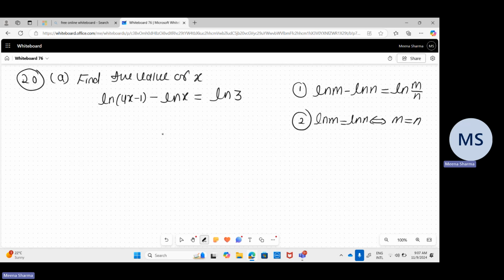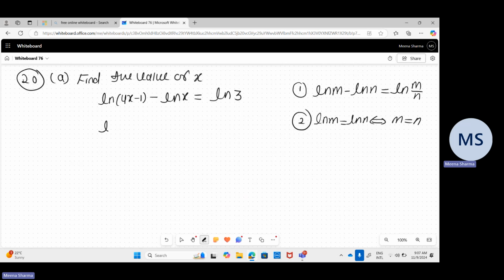In this equation, the left hand side is almost equal to formula number 1, so we can implement formula number 1 here. Here m is 4x minus 1 and n is x.